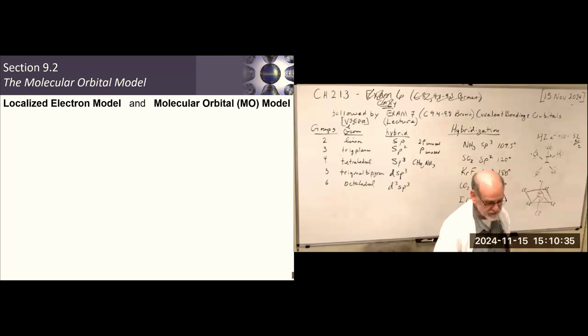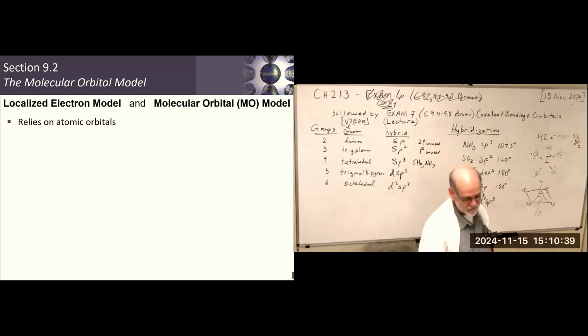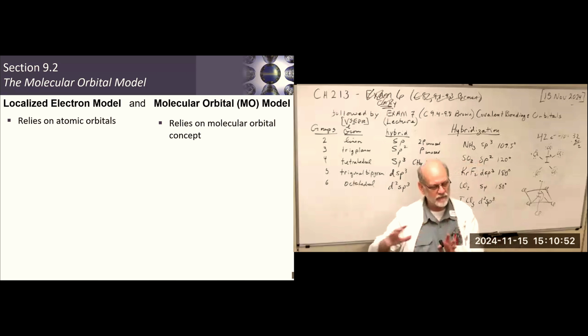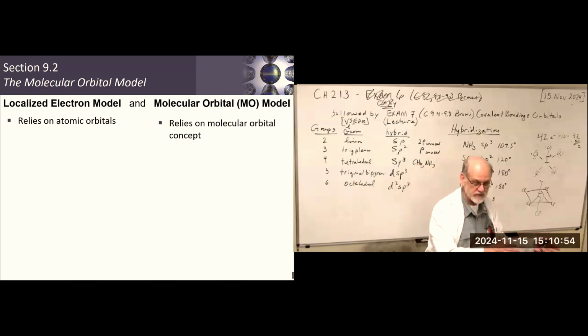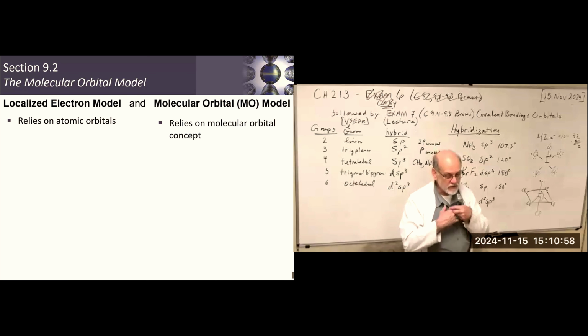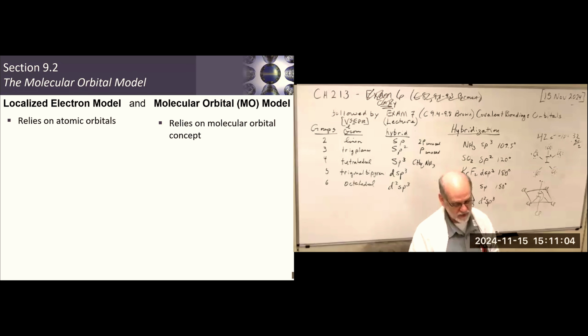All right, so when we compare the two, localized electron model versus the molecular orbital model, we find that the LEM relies on atomic orbitals and the mathematical calculations that go with them. Whereas molecular orbitals create a whole new type of orbital out of those atomic orbitals. Once the molecule forms, those atomic orbitals disappear and they're replaced by molecular orbitals for the entire molecule.